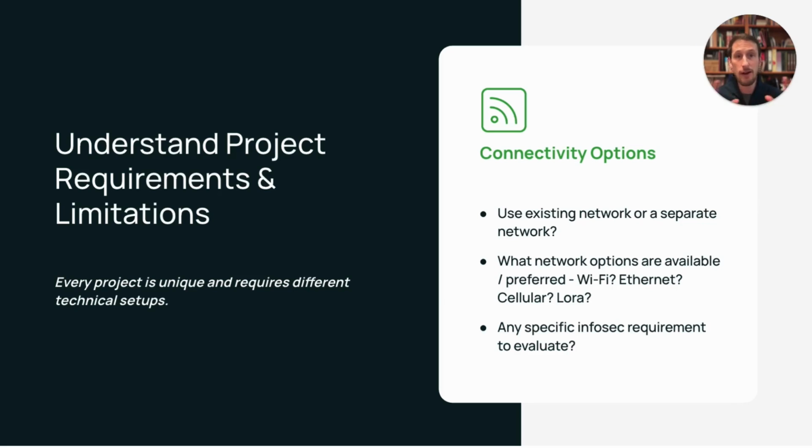So, for example, a fully wireless network that has a cellular connection, so that the devices are not sitting on any network in the building, and this can often save a huge amount of time going through IT InfoSec review, because in many organizations, if the devices are not connecting to the building network, then they are out of scope, and that can massively increase the speed at which projects can be rolled out and the time to value delivery. So this is definitely something worth thinking about early on, because it will influence pretty much all of your decisions.